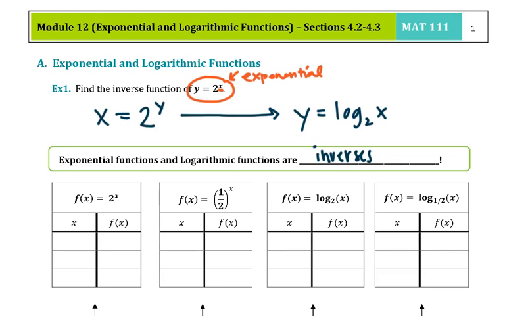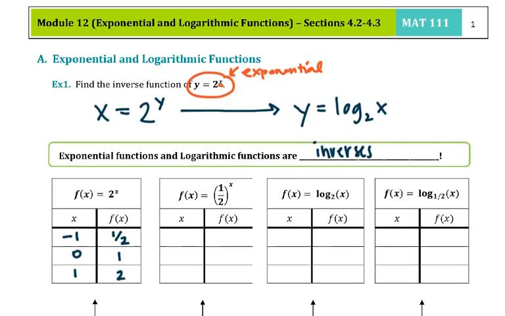So we have an exponential function here, f of x equals 2 to the x. So some key points on that very basic parent graph. If I were to plug -1, 0, and 1 into my x, I would get these outputs 1/2, 1, and 2.